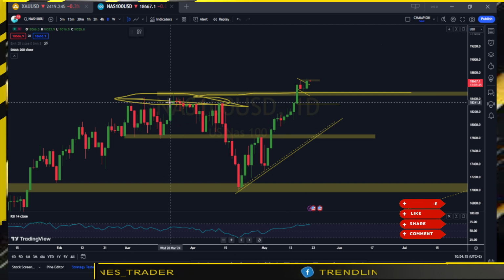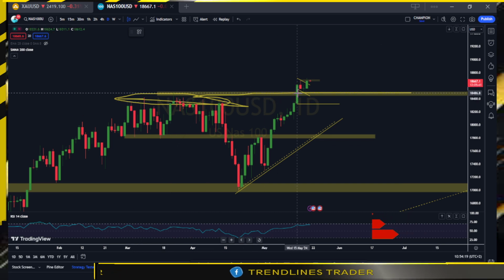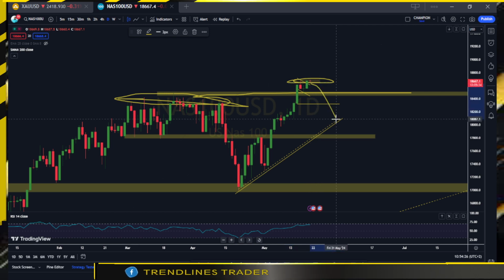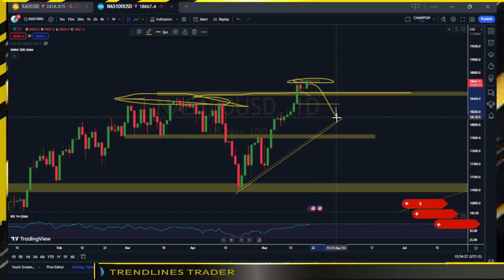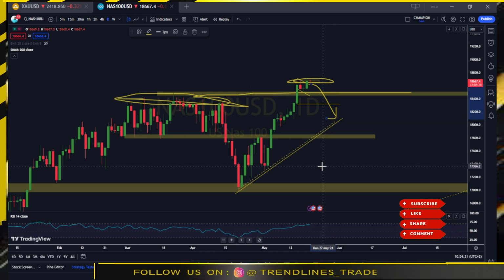The market managed to break our previous highest point, and now it's about to create a new resistance. We might witness the price having a pullback so that we can have a flag pattern.